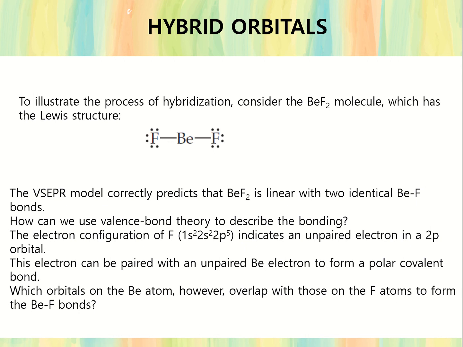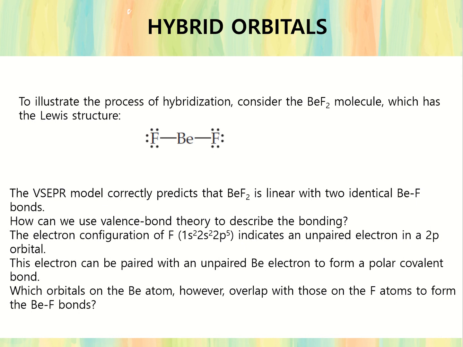We know that beryllium is number 3, hydrogen, helium, lithium, beryllium, so that's 4, and we know that fluorine is in group 7 of the periodic table. Based on the VSEPR model, it correctly predicts that beryllium difluoride is linear with 2 identical beryllium fluoride bonds.